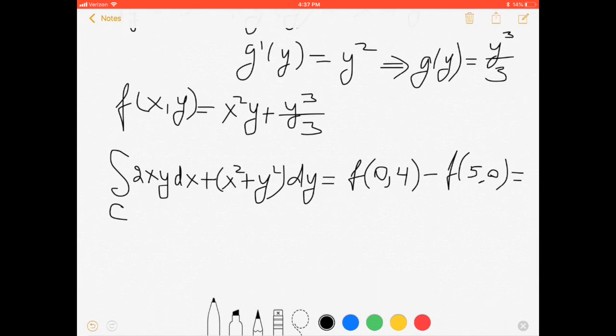If we plug in 0, 4, we have 64 over 3. If you plug in 5, 0, it will be 0. This means this is the final answer.